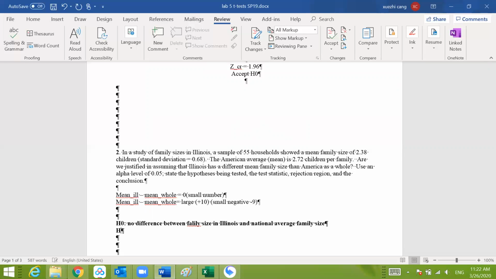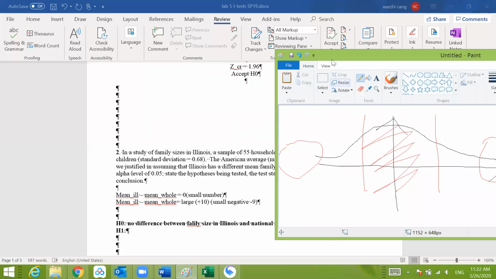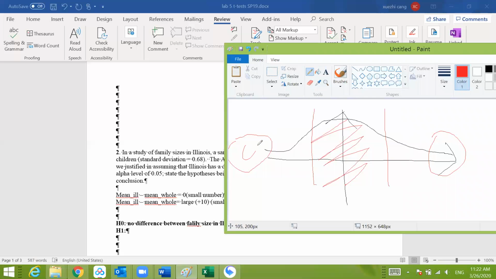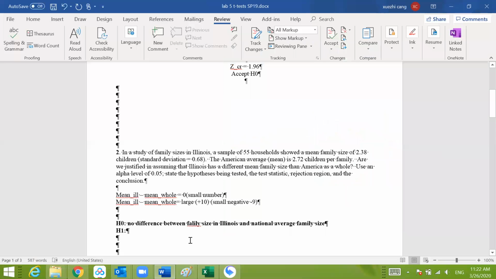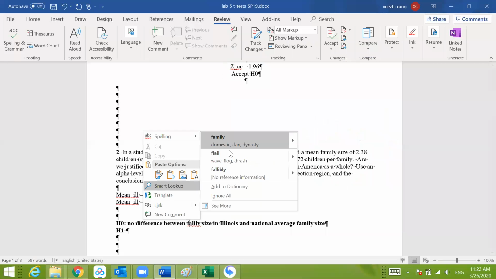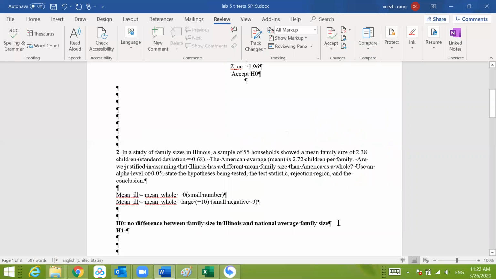Right? So the H1 alternative hypothesis is represented by the head part or the tail part, which means the differences exist between family size in Illinois and the national average family size.